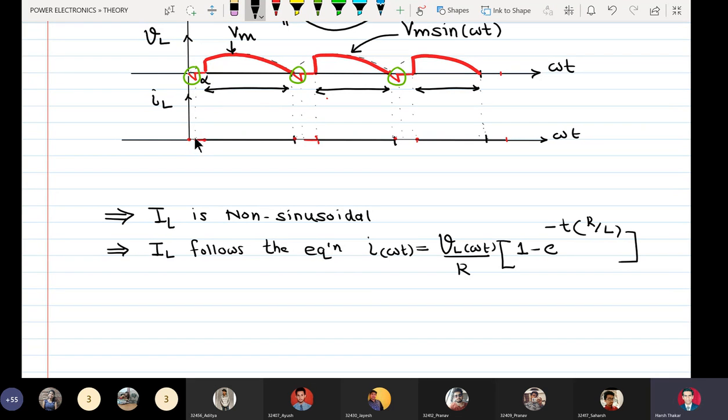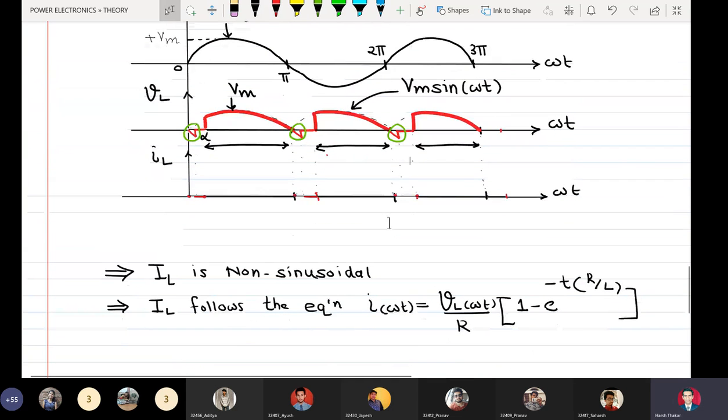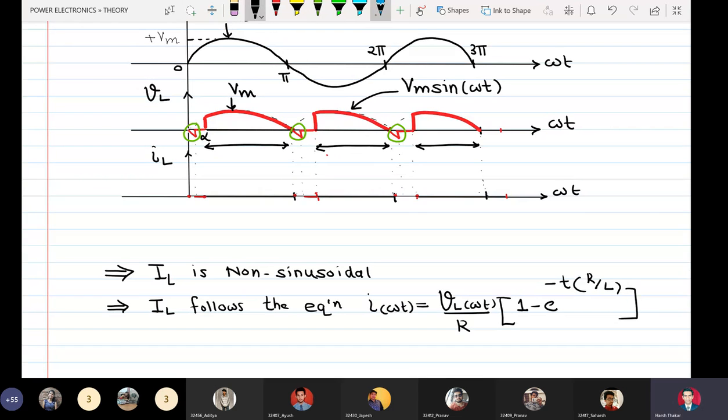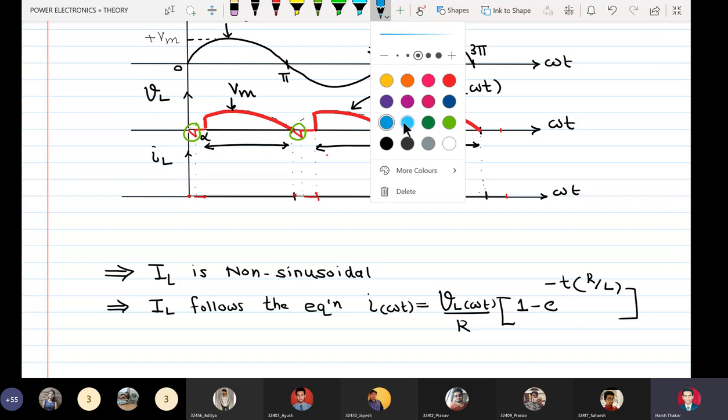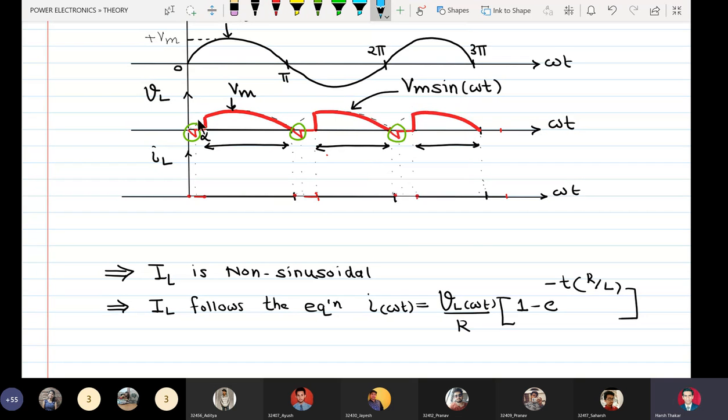If the current is of a discontinuous nature, then please understand one thing, students: these points, 1, 2 and 3, indicate the instants at which the inductor energy becomes zero.